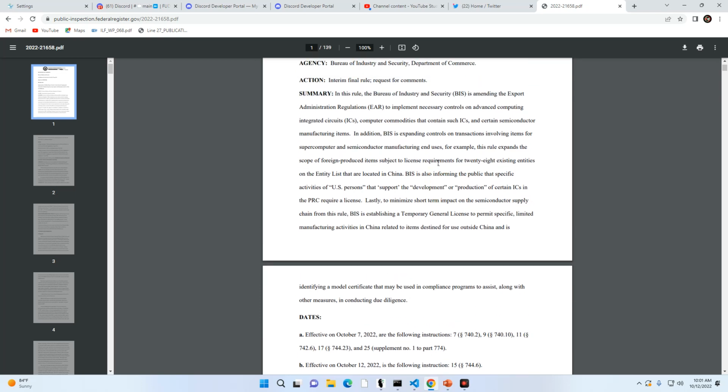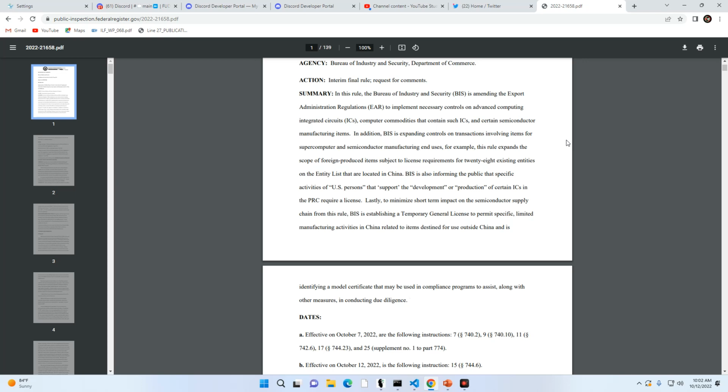In this rule, the Bureau of Industry and Security, or BIS, is amending the Export Administration Regulations, or EAR, to implement necessary controls on advanced computing integrated circuits, or ICs, computer commodities that contain such ICs, and certain semiconductor manufacturing items. In addition, BIS is expanding controls on transactions involving items for supercomputer and semiconductor manufacturing end uses.